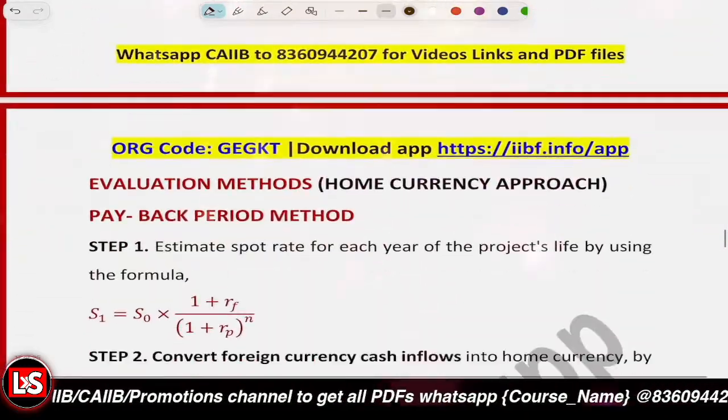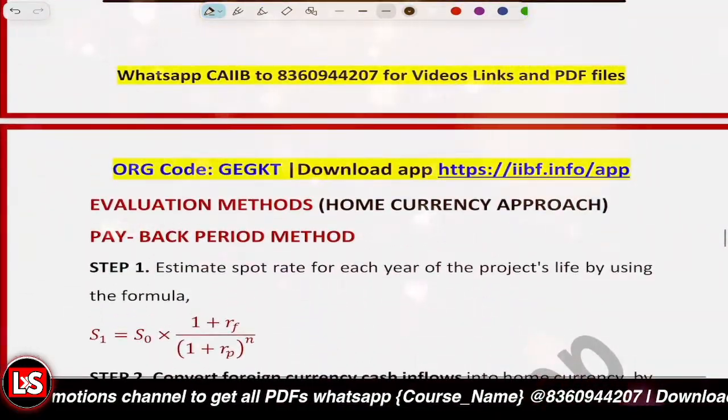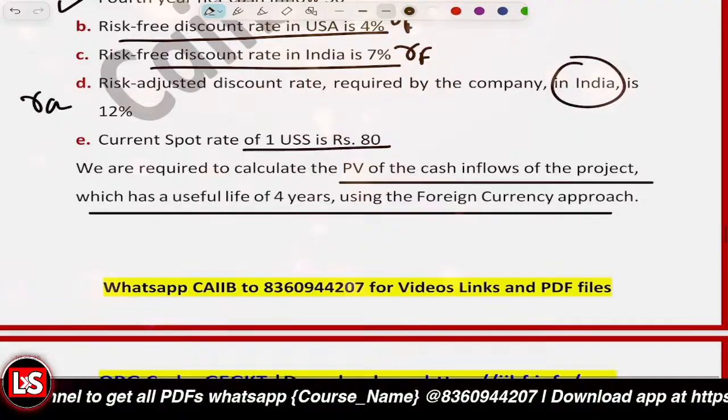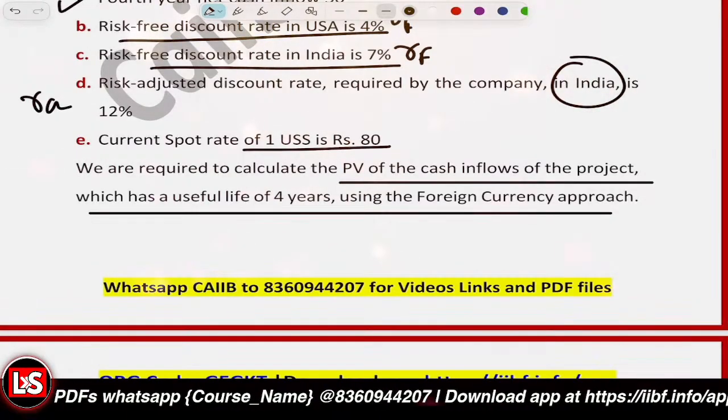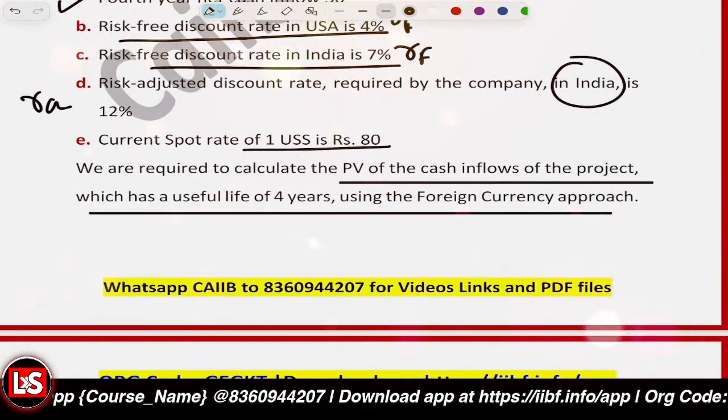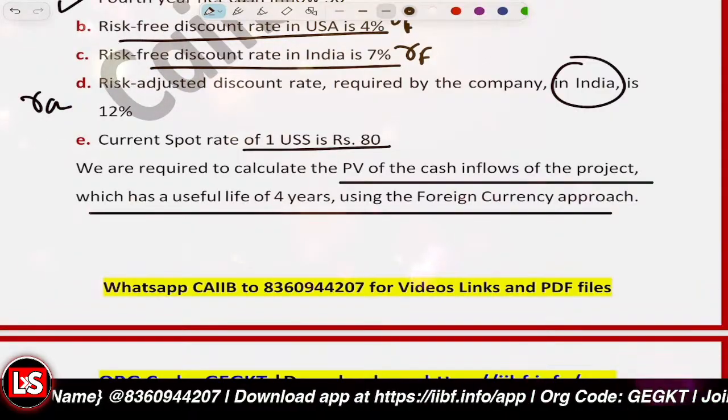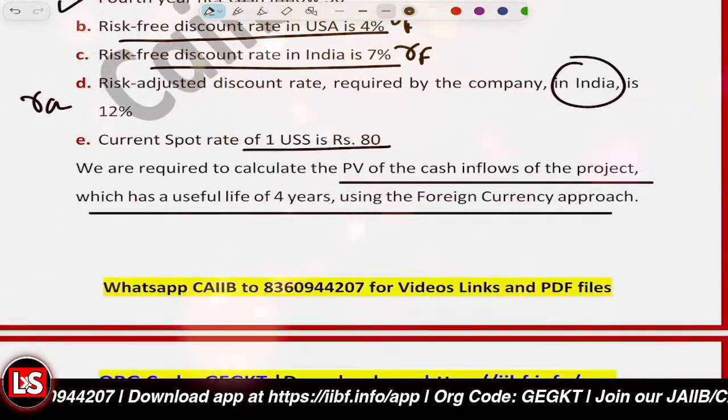But for the foreign currency approach, we are to use the international Fisher effect. What is the formula?